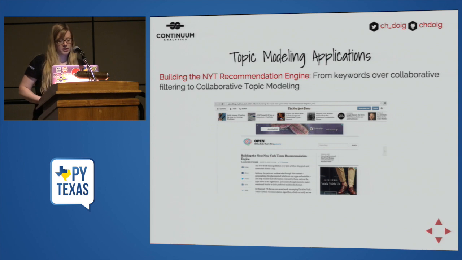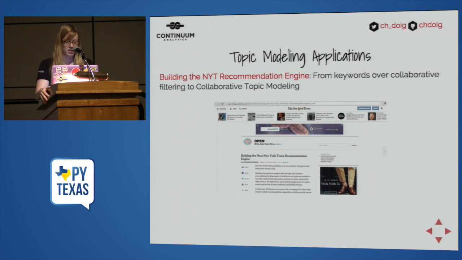So let's talk a little bit about why topic modeling is relevant. When I was preparing this slide deck, which I gave for the first time at PyGotham this year, in August, just the day before I was giving the talk, I found this article on the New York Times where they talk about their technology.